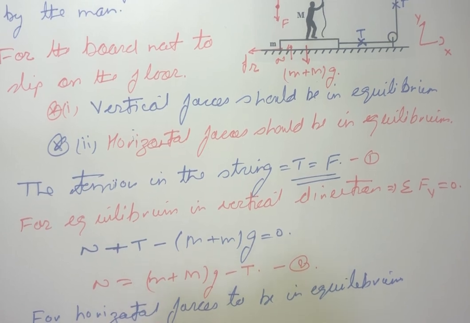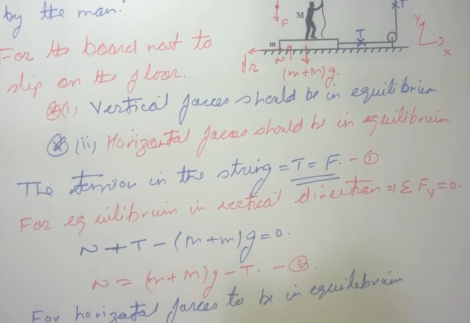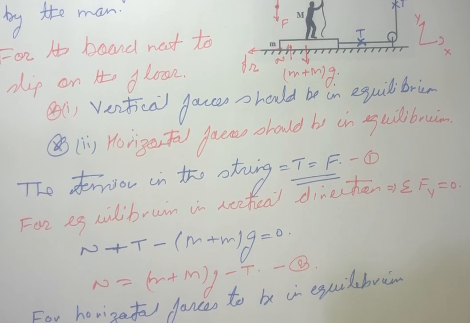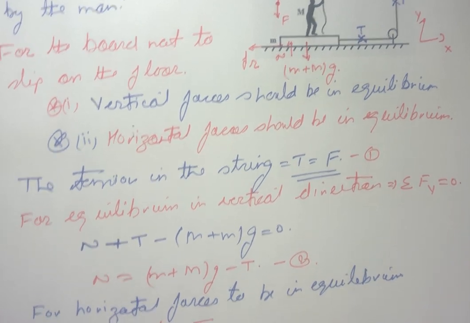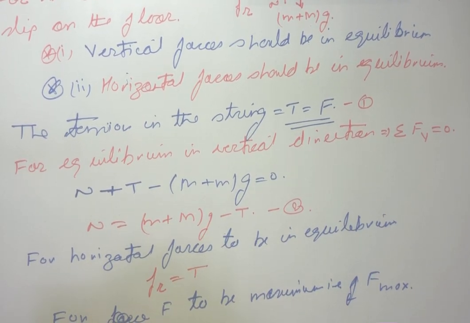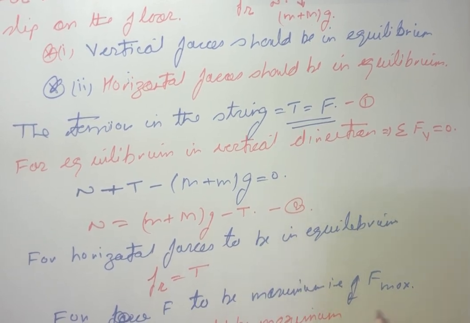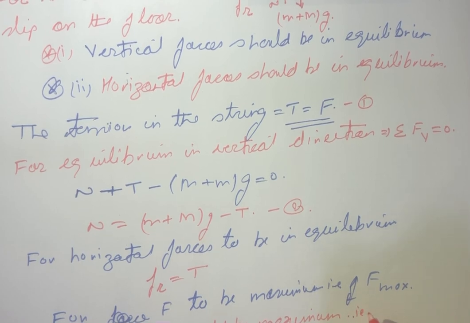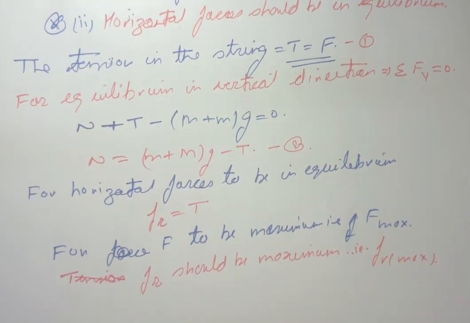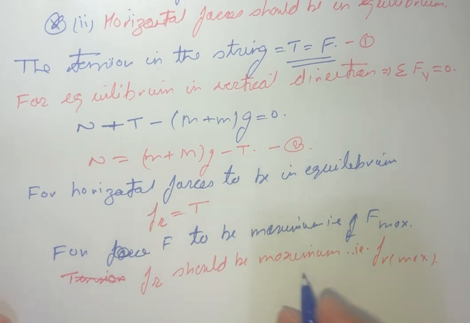For F to be maximum, that is F max, Fr should be maximum, which is written as Fr max. So we can find our Fr max.